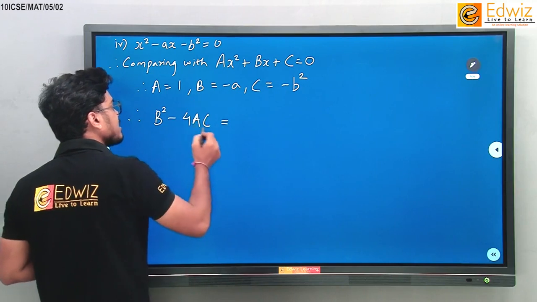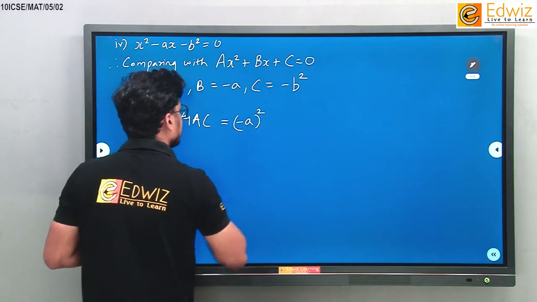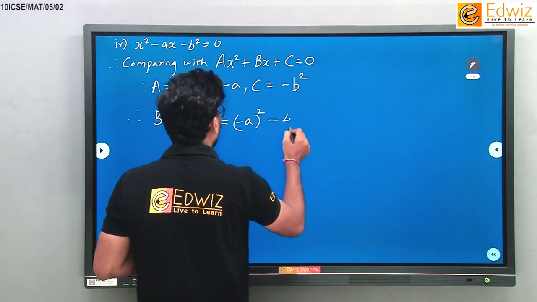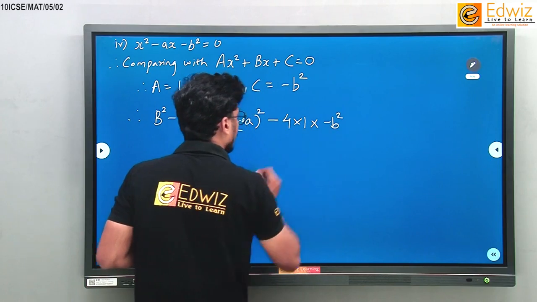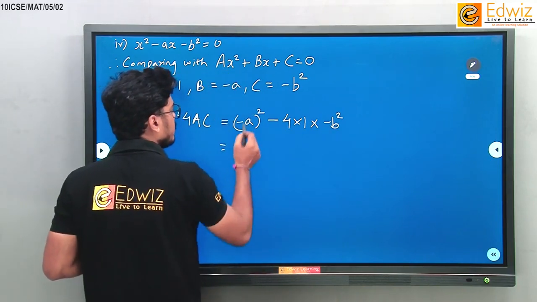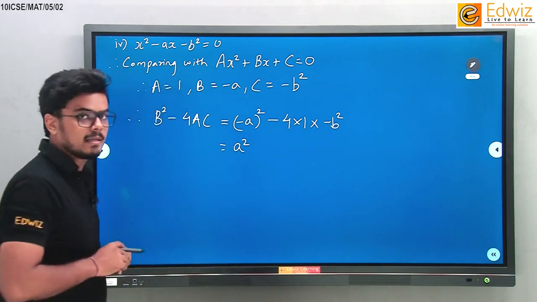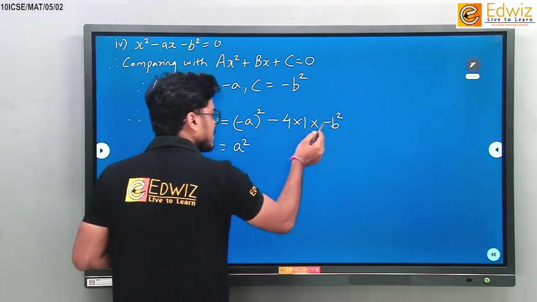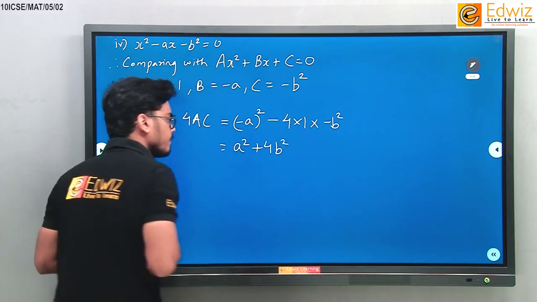Substitute the values. Minus a whole square minus 4 into 1 into minus b square. Okay, so this will be equal to minus a ka square will be positive a square clearly, minus, and this minus will become plus 4b square.